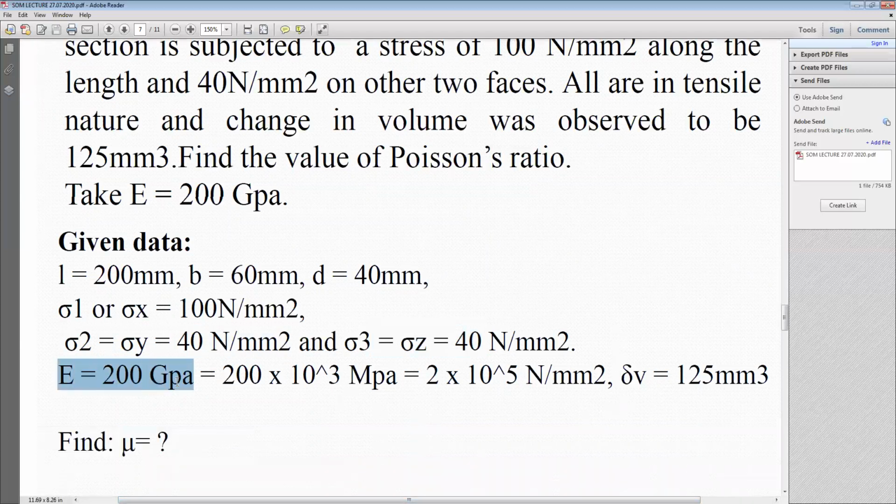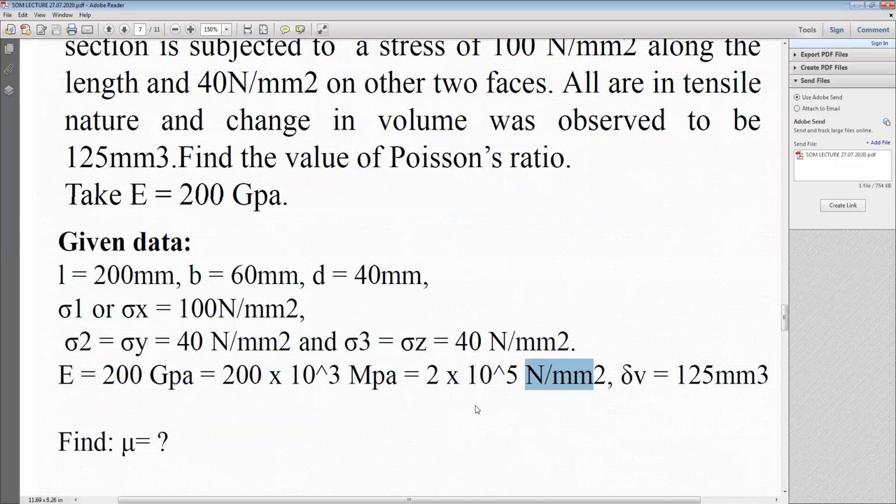Then capital E is equal to 200 gigapascal. As we already mentioned, gigapascal means 1000 megapascal. So 200 into 1000 megapascal, which converts to 2 into 10 raised to 5 MPa, and 1 MPa is equal to 1 Newton per mm square.